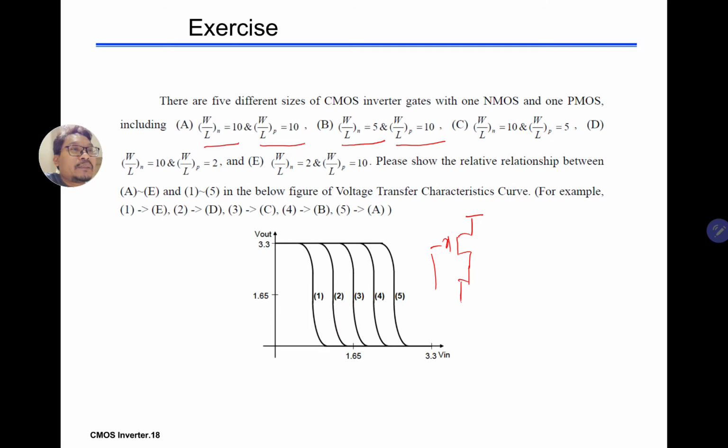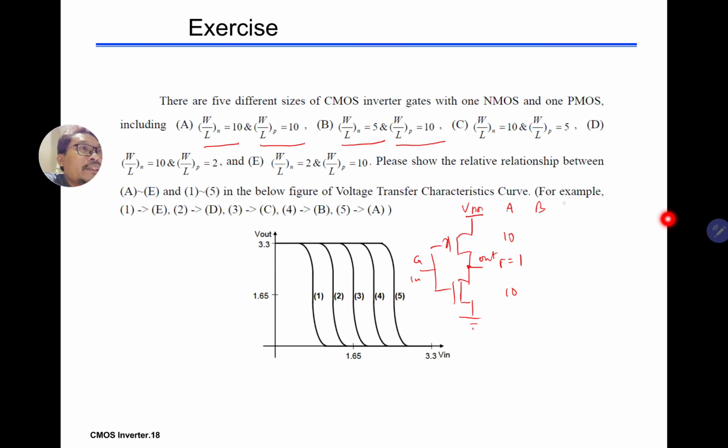Okay, so let's have a clear picture here. Let's draw our inverter again. Basically we have the gate, and this is your out, or you say your in actually. So in, out, V in, V out, VDD. In A, your WLP is 10 and your WLN is also 10, so your ratio is 10 over 10, your P to N ratio is equal to 1.